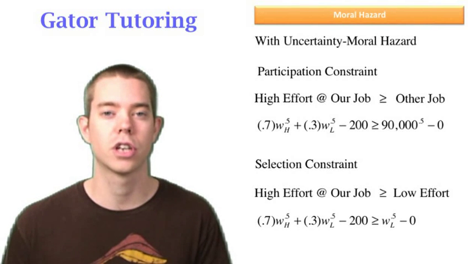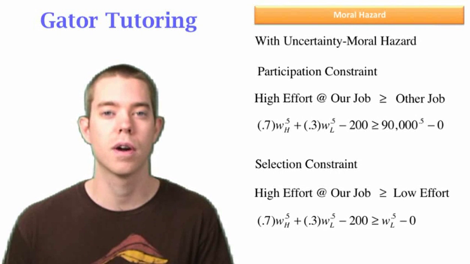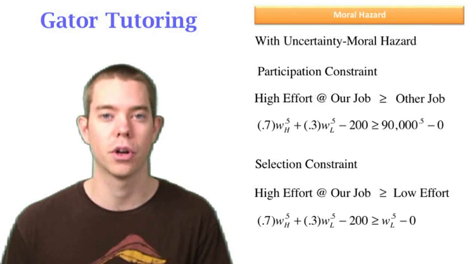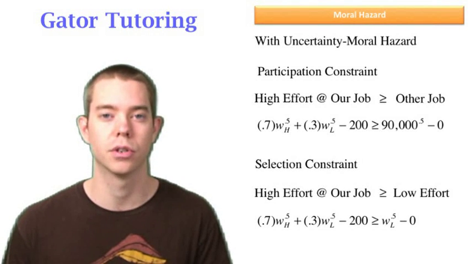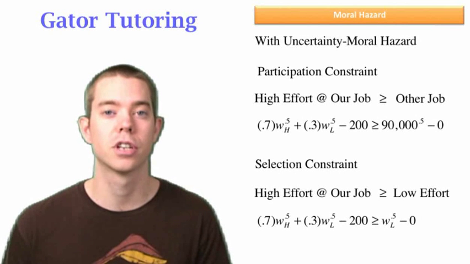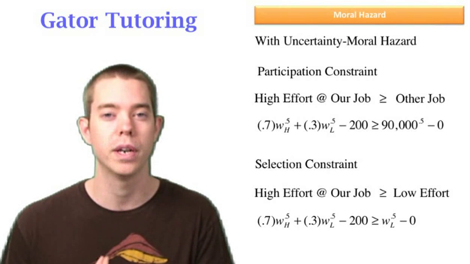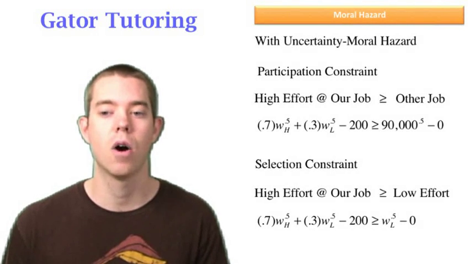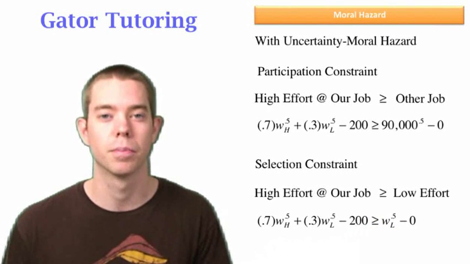High effort at our job is going to look exactly the same. Low effort at our job, well, with low effort, there's a 0% chance of high profit. So we know with 100% certainty he's going to make the low wage, and we know that it costs him 0. Real fast, if for some reason there was a probability of high profit even with low effort, we'd have to include that. So be careful you understand this. Right now on the left side we have just this WL by itself minus 0.